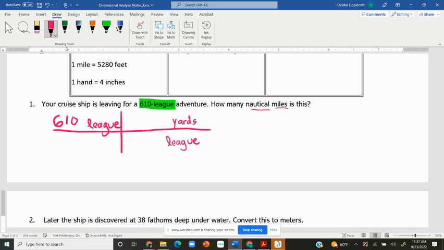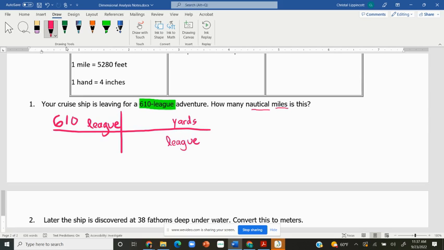Now, when you do this, listen to this. Always write your units down first, and then go back and attach the numbers that are with it. The way your brain works, and mine's the same way, everybody's brain works, a lot of times if you try to write the number and the unit down at the same time, you put it in the wrong spot.